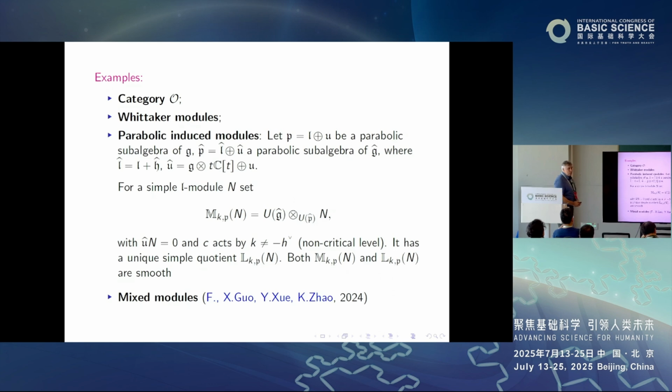The Whittaker modules. So Whittaker modules are those that are determined by a certain function on the positive part of the Cartan decomposition. Right? The Cartan decomposition of our Lie algebra is the negative part, Cartan, and positive part. So if we look at the homomorphism on the positive part to the field, that's a function that determines the Whittaker module.